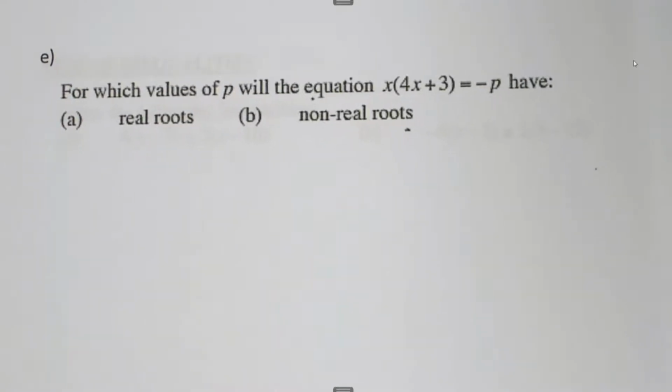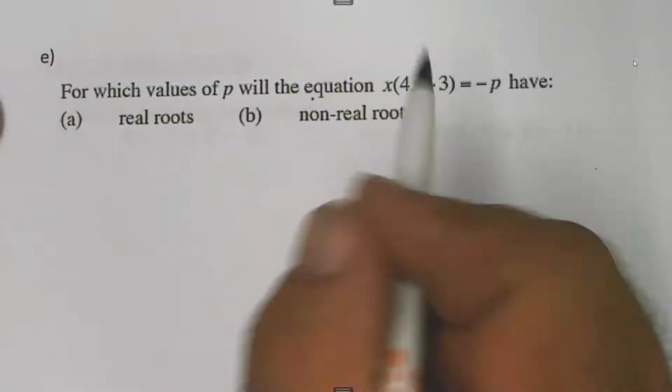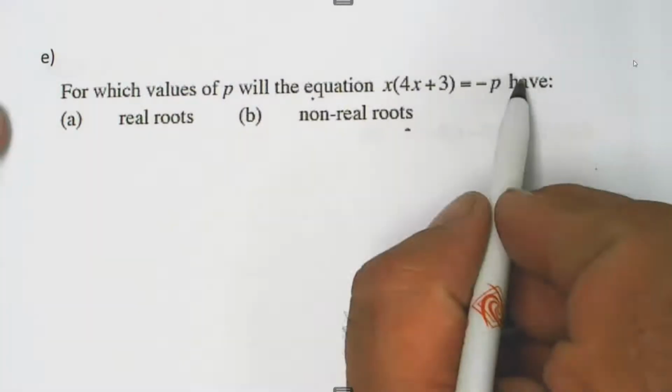Right, in this case, we need to determine the value of p if the roots are real roots, and we're going to find the value of p if it is non-real roots. So, the first step is to write that equation in standard form.